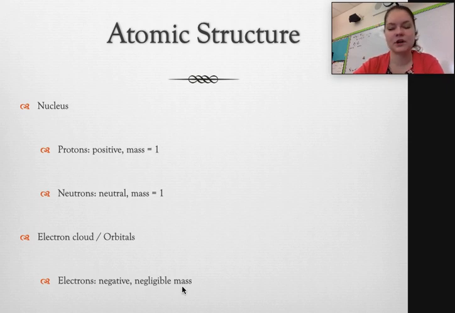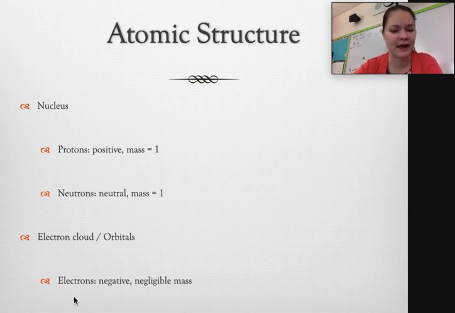Electrons are going to determine the overall charge, because you're stuck with the number of protons that you have, but you can gain or lose electrons. When you gain an electron, that's going to make the atom more negative. When you lose an electron, that's going to make it less negative, in other words give it an overall positive charge.